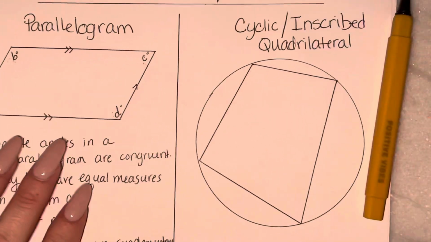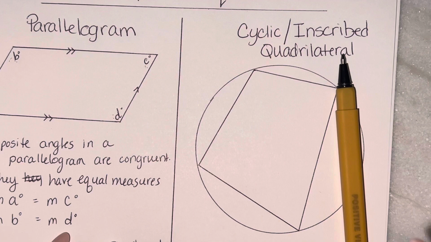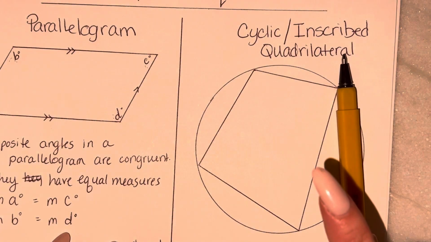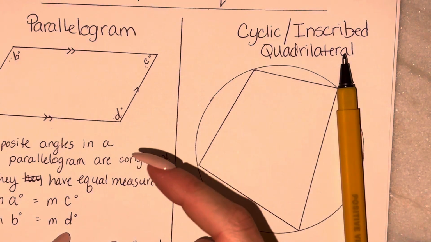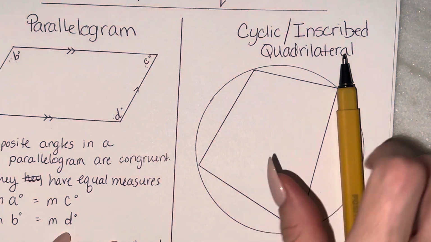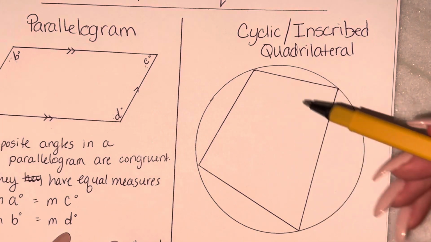Now with cyclic or inscribed quadrilaterals, they actually have only one property that you have to remember, and it's almost the opposite of parallelograms over there. So in a cyclic quadrilateral, let me go ahead and label this.